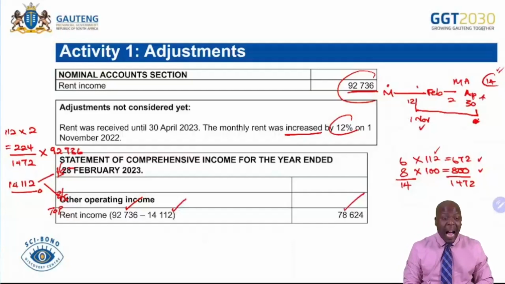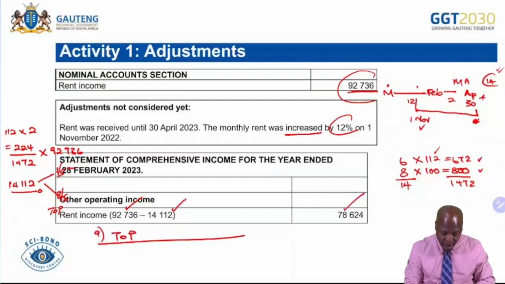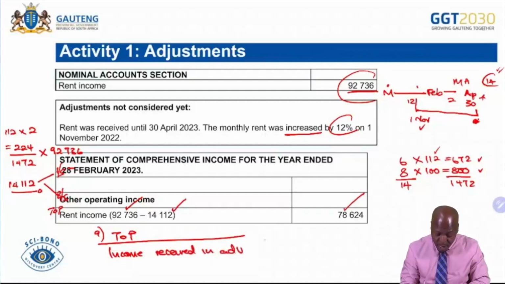And therefore, if I were doing the statement of financial position, I would come now to my trade and other payables, which is my note number 9. And I would also come and record my income received in advance. And how much is that going to be?